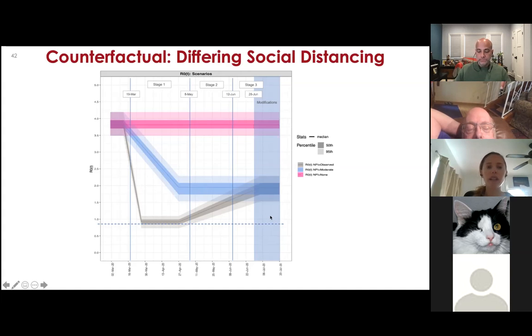In our moderate transmission scenario, we assume that the transmission rate R as a function of time drops to that observed rate, and it doesn't drop below.